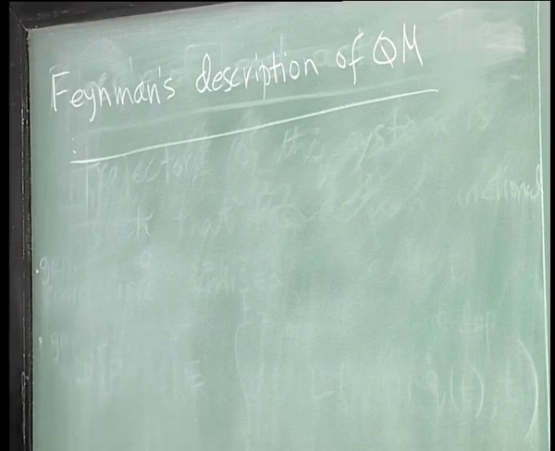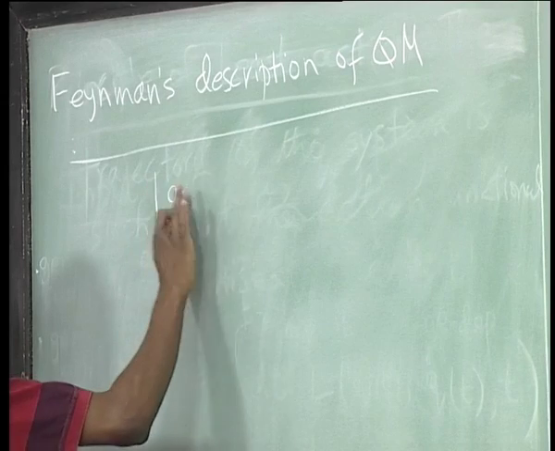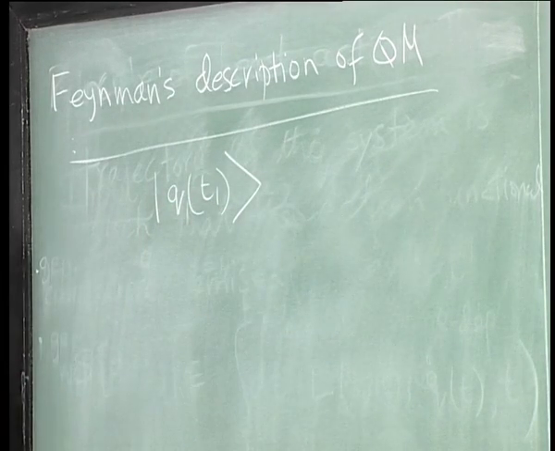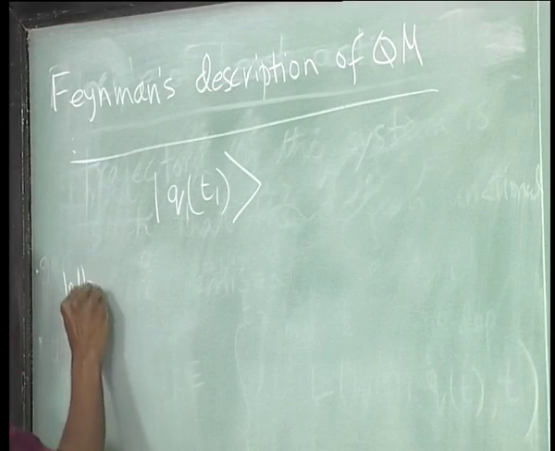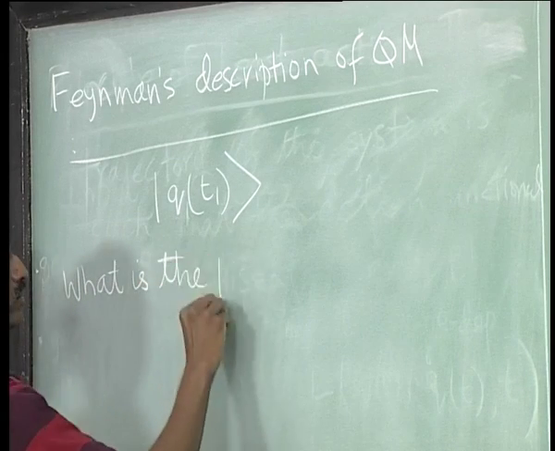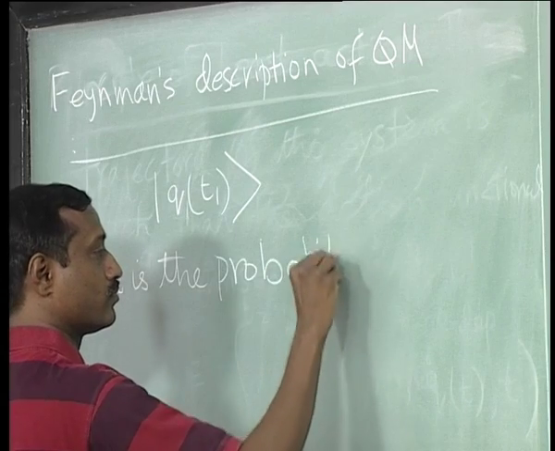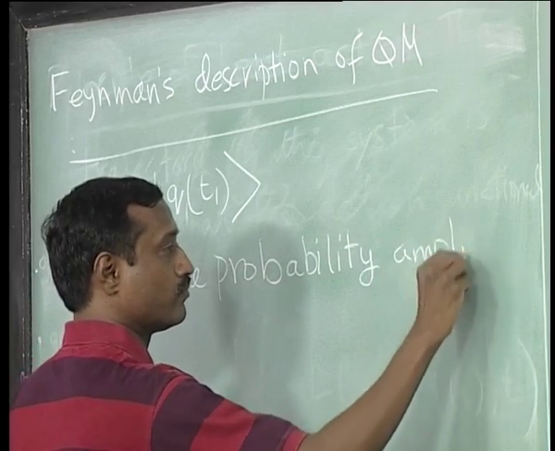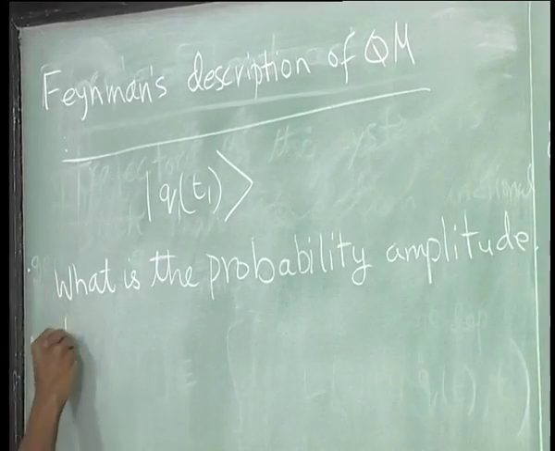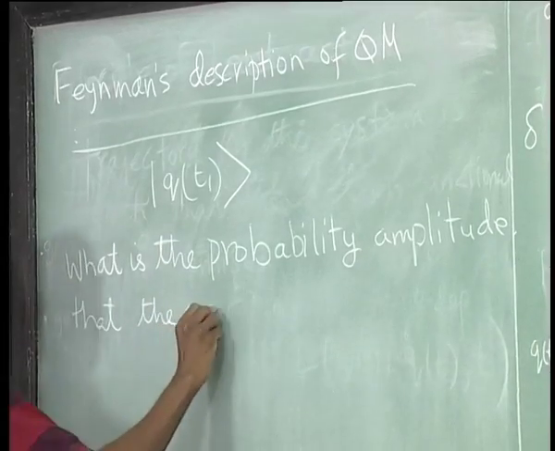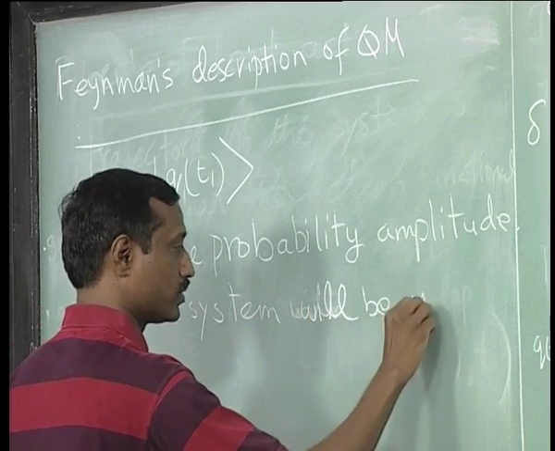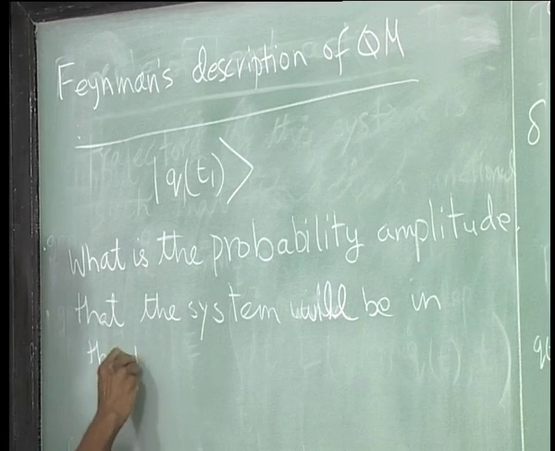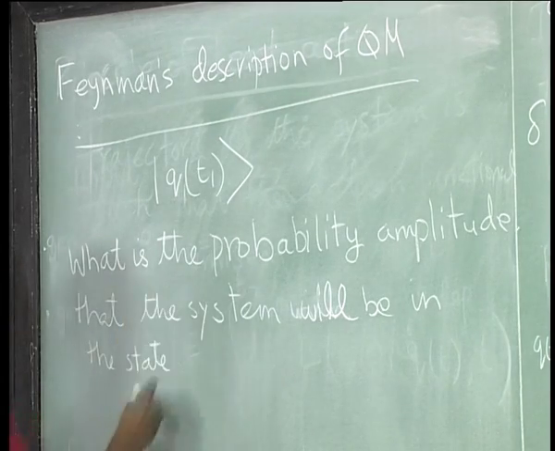He says that suppose your system is at some state at initial time, localized in space at this point q of t1, and you want to know what is the probability amplitude that the system will be in some other state, some other value.